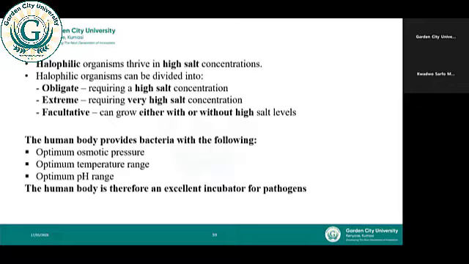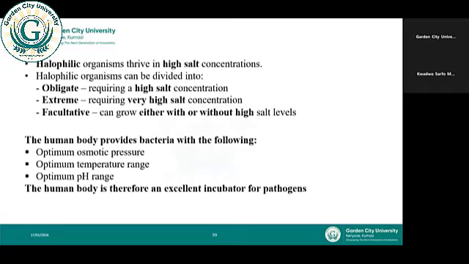So we have environments that these organisms can live in. Microorganisms are everywhere, but you will not find the same organism everywhere because of their preference. So we have the halophilic that live in high salt concentration, like the seawater. Then obligate means at all costs they need high salt content. Extreme means very high salt concentration.